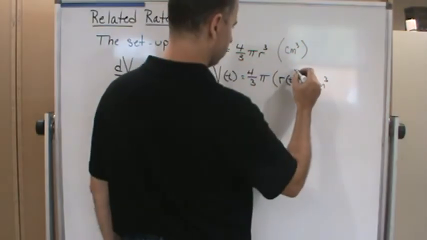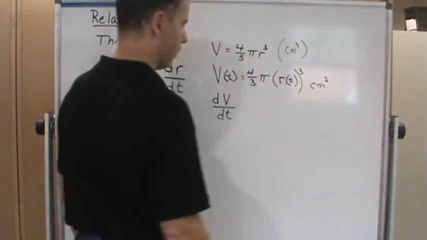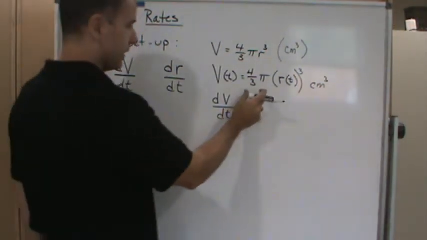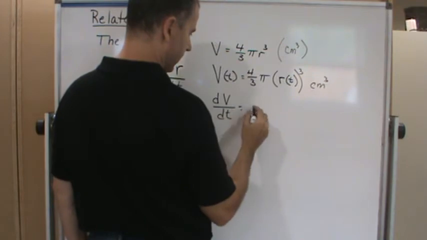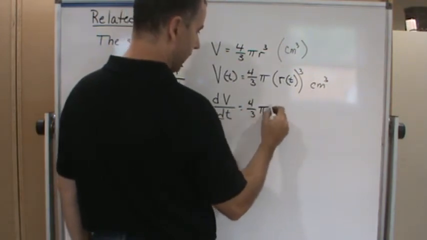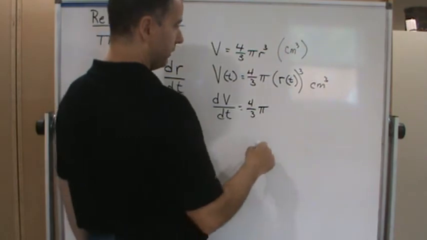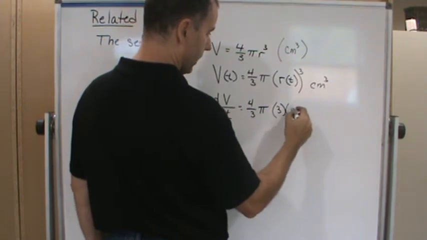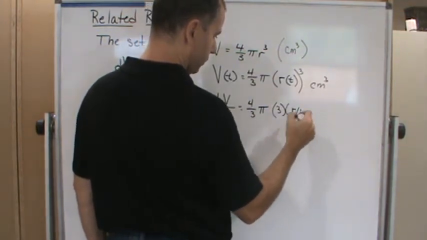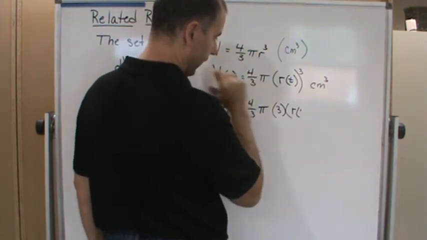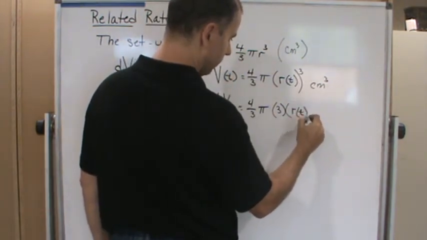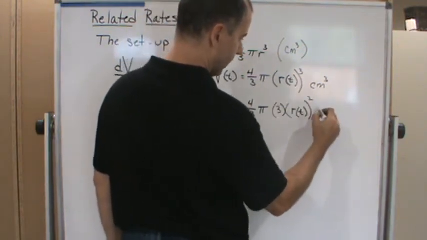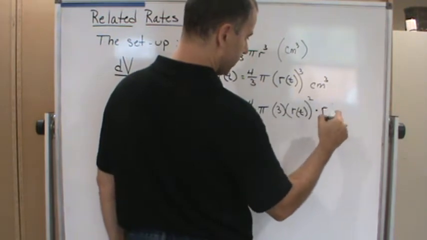Oh, hold on a second, I dropped a cube. And of course 4/3 pi is a constant, so this is going to equal 4/3 pi. Then here it's going to be the chain rule, so it's going to be 3 times r of t squared, and then times the derivative of the inside, which is dr/dt.